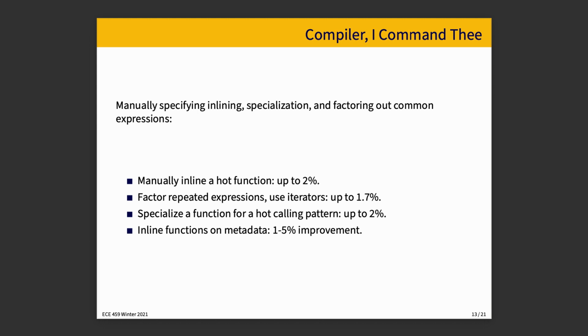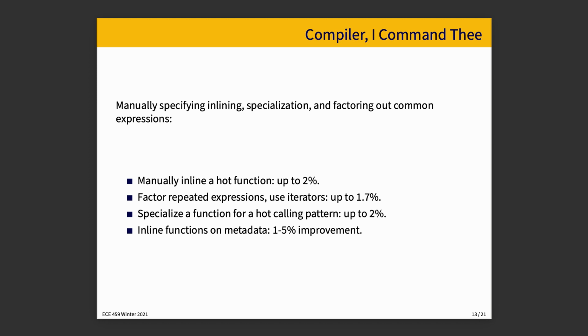Third one, number 67079, which references a previous pull request, number 64545, in which a variant was introduced of the shallow resolve function that was specialized for a hot calling pattern. That is, if we see that this particular pattern is likely, it happens a lot, we can write a version of it for that. And this PR specialized the function some more, improving some benchmarks by up to 2%.